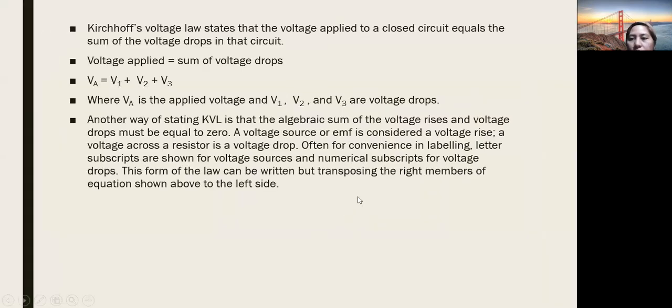Kirchhoff's voltage law states that the voltage applied to a closed circuit equals the sum of the voltage drops in that circuit. So what do we mean by this?